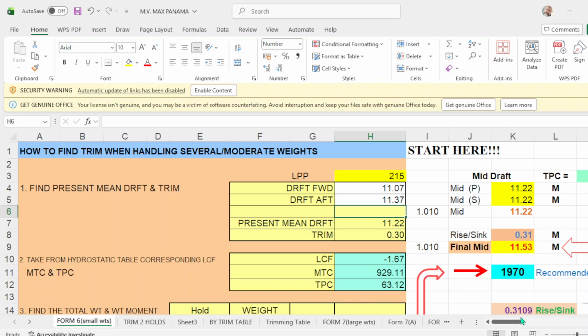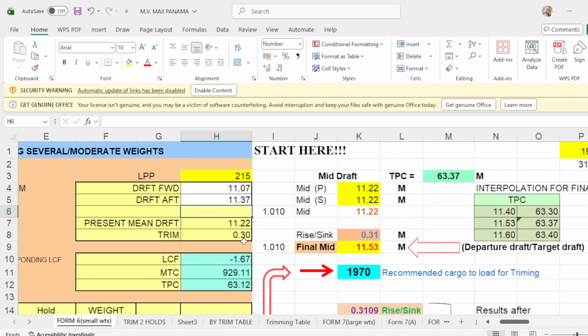And since we are loading in a loading port, the foreman and the draft surveyor are asking how much remaining cargo to load.